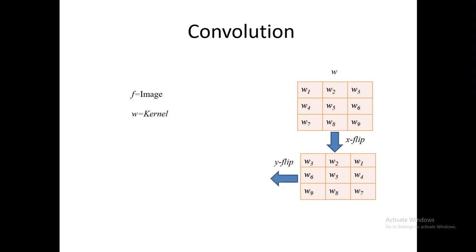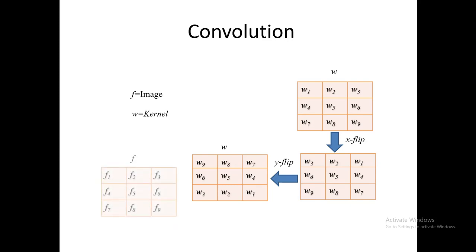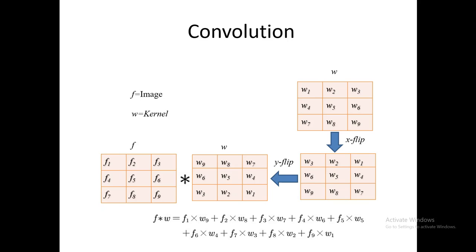Again we flip it in the y direction, and we get the final flipped convolution kernel. Then we multiply and take the sum of product. Here f1 is multiplied with w9, f2 is multiplied with w8, and f9 is multiplied with w1, and finally we get the result after the sum of product.